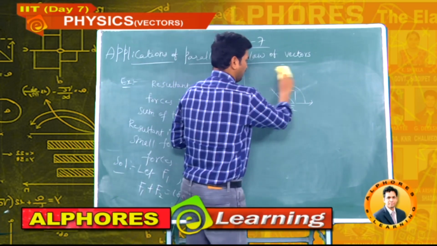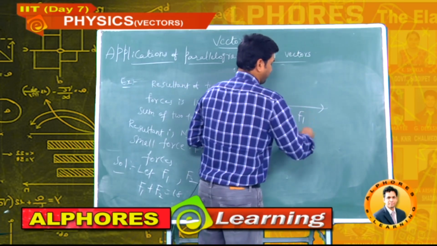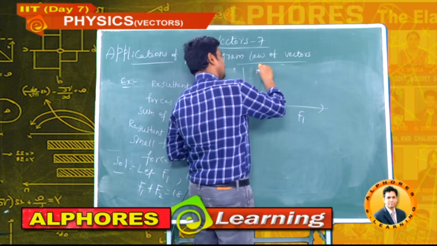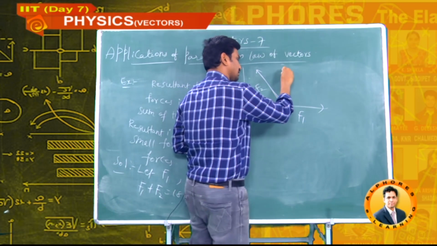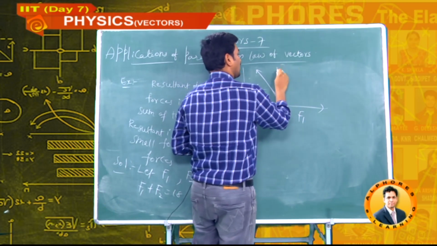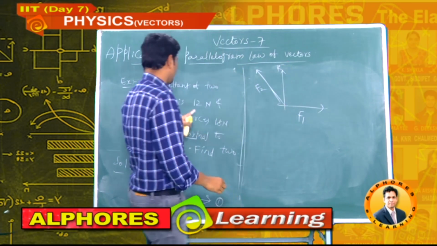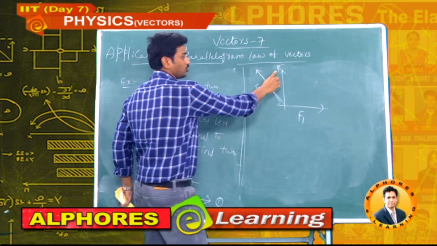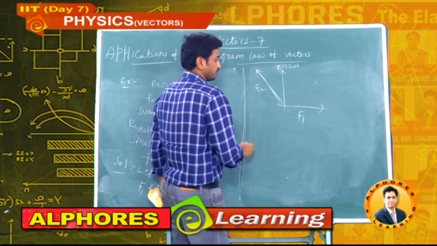Now I will read out the diagram. F1, this is F2. Now the resultant is R. That resultant value is given as 12 newtons. Now what will I do here?